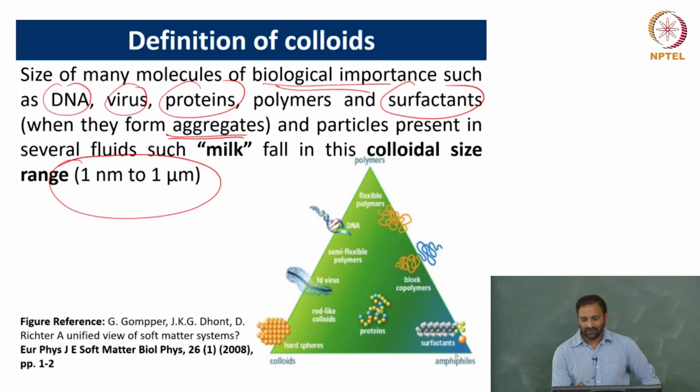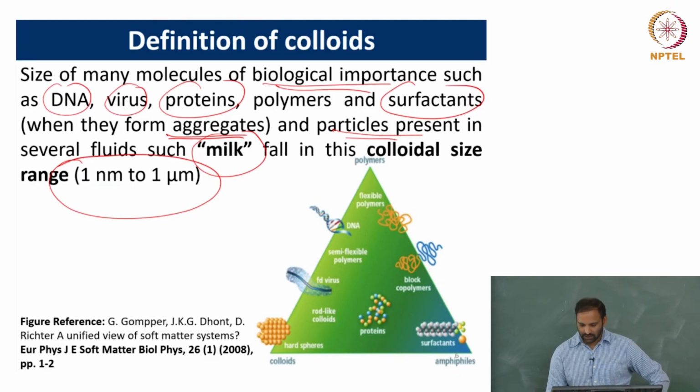Or you could have particles present in some fluids, for example milk. Milk contains some particulate matter. Again, the size of this particulate matter is in this 1 nanometer to 1 micrometer size range. Therefore, there is a lot of relevance in looking at colloids in many different fields.